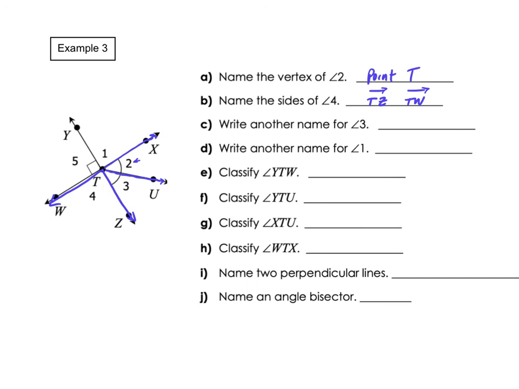And then write another name for angle 3, which is right here. That angle could be either angle UTZ or angle ZTU. And what you'll notice is the vertex is going to be that center letter.